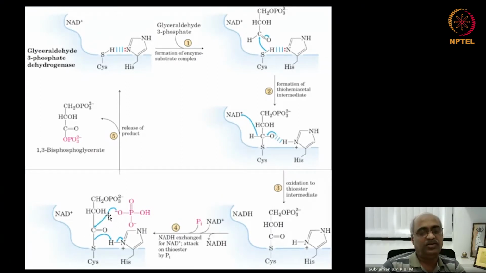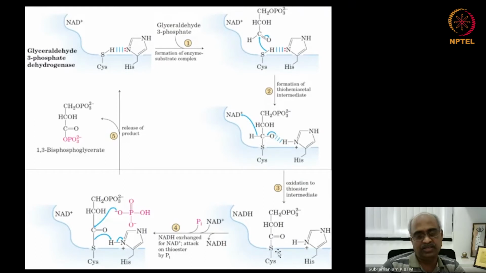And that is also aided by the general base catalysis possible by this imidazole nitrogen of the histidine chain. And that releases the product which is 1,3-bisphosphoglycerate.